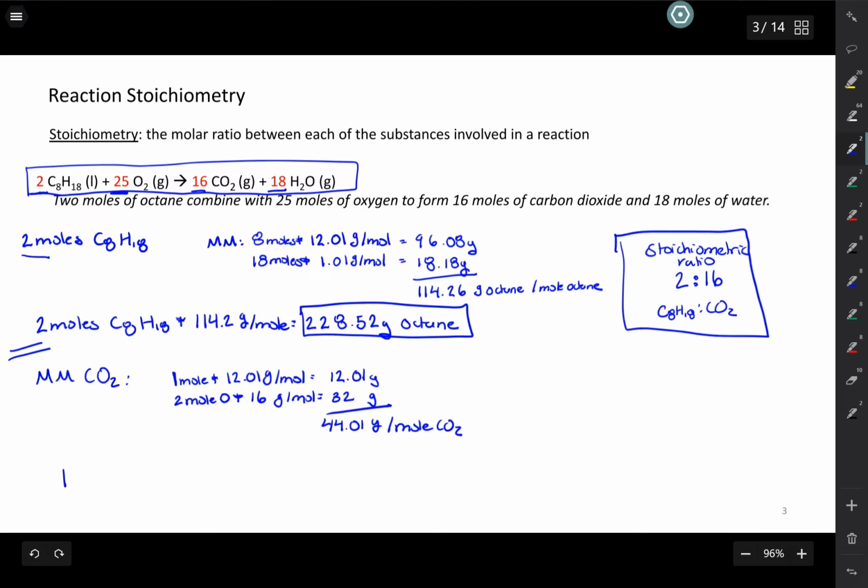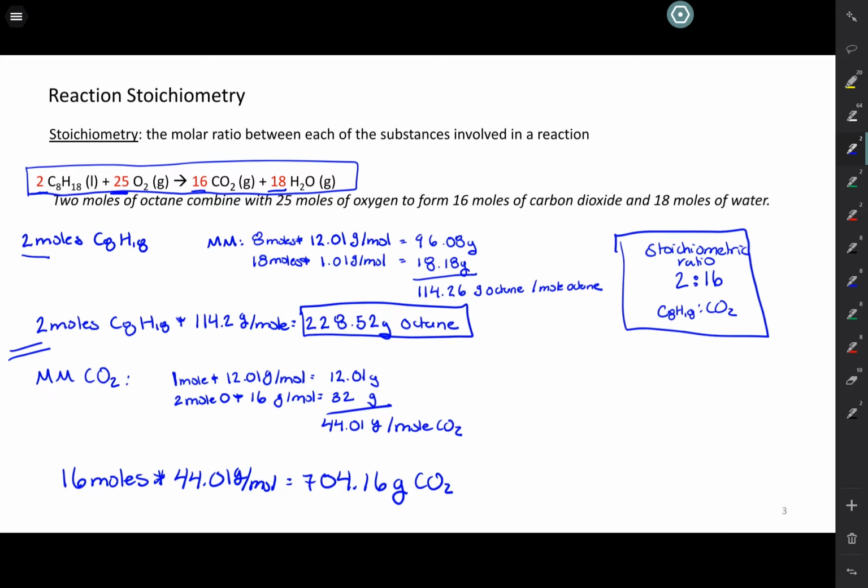So we know that we get 16 moles of CO2 out of this reaction. Multiply that by 44.01 grams per mole. We'll get a mass of 704.16 grams of CO2 if we burn 2 moles of C8H18 in 25 moles of O2.